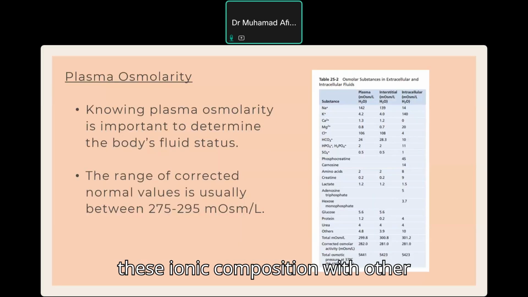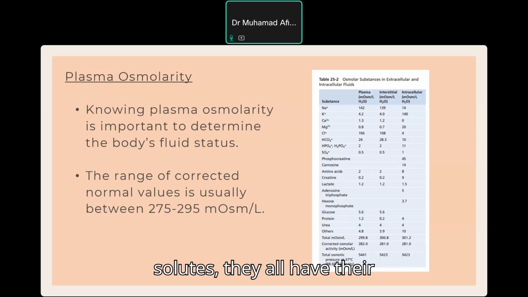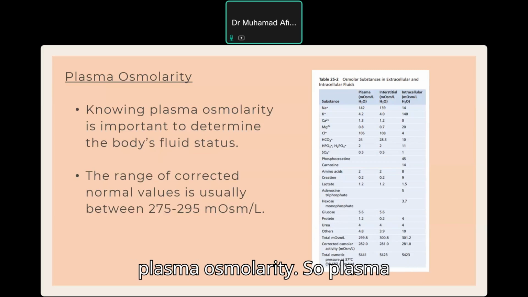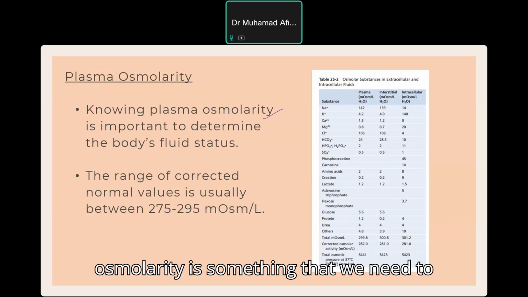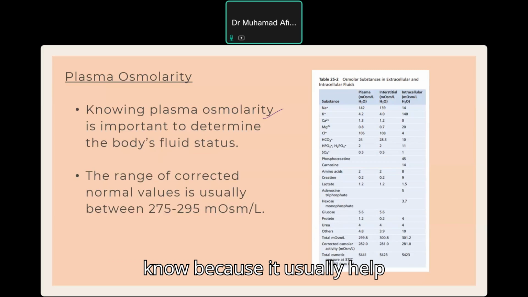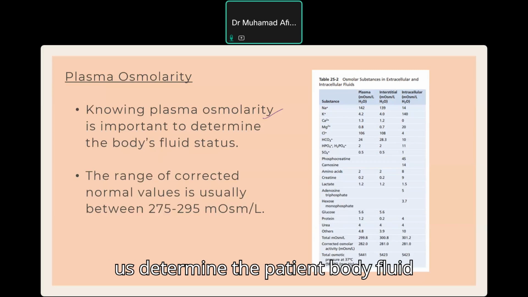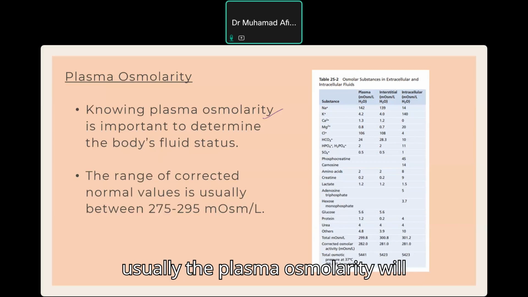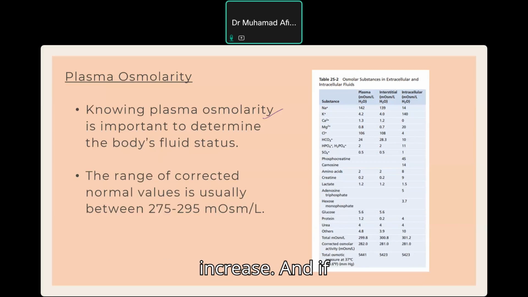All of these ionic compositions, together with other solutes, have their osmotic value. Together they form what we call plasma osmolarity. Plasma osmolarity is something we need to know because it usually helps us determine the patient's body fluid status. If they are dehydrated, usually the plasma osmolarity will increase.